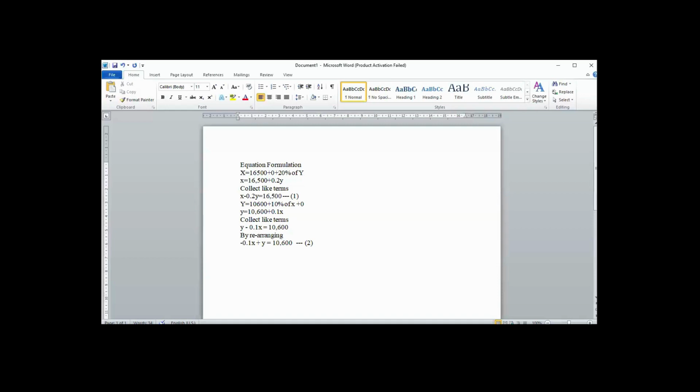Maybe equation 1. Okay. Since I'm using the substitution method here, we have the elimination method and the substitution method under simultaneous equations. The one I'm using first is the substitution method.